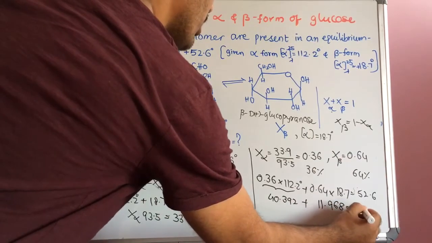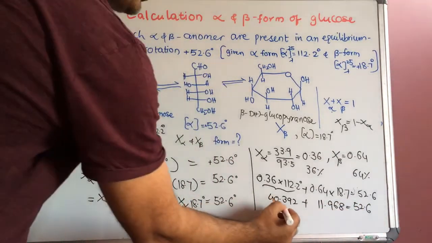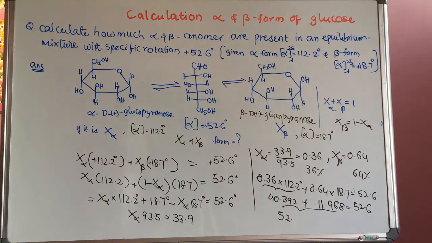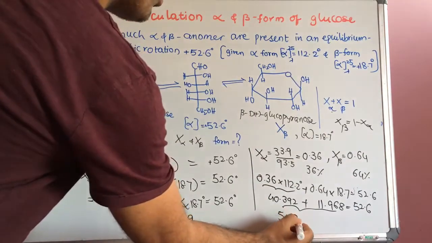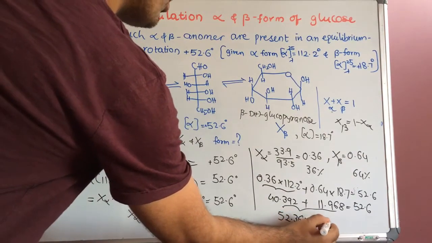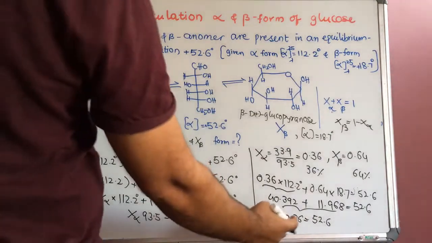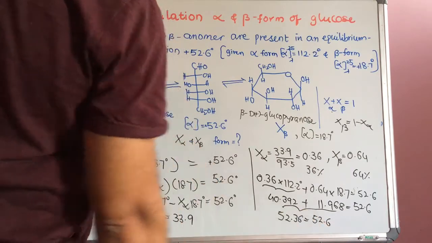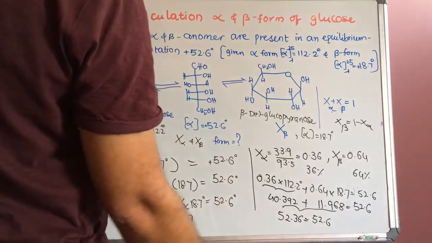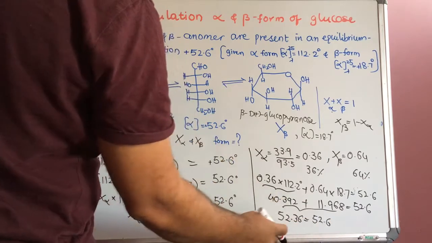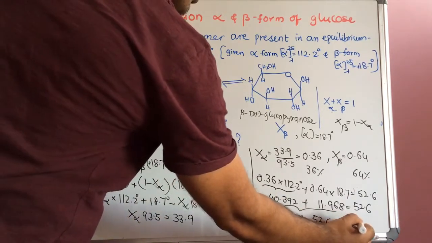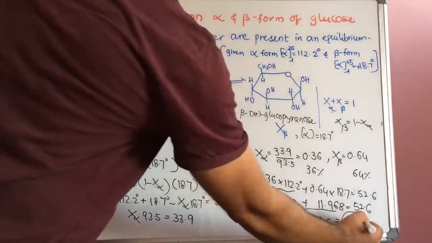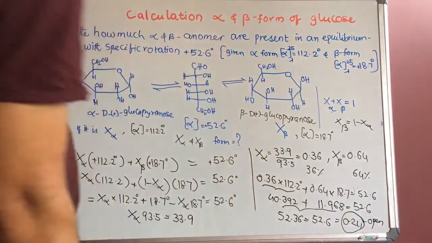If you add these two, you get 52.36, which is close to 52.6 but not exactly. If you subtract 52.36 from 52.6, the higher number, you get 0.24. This fraction belongs to the open chain.